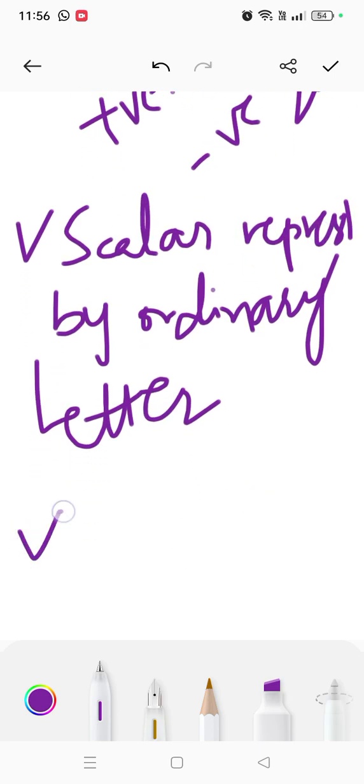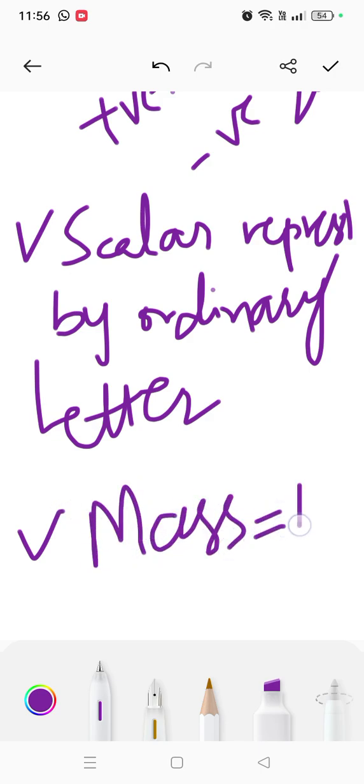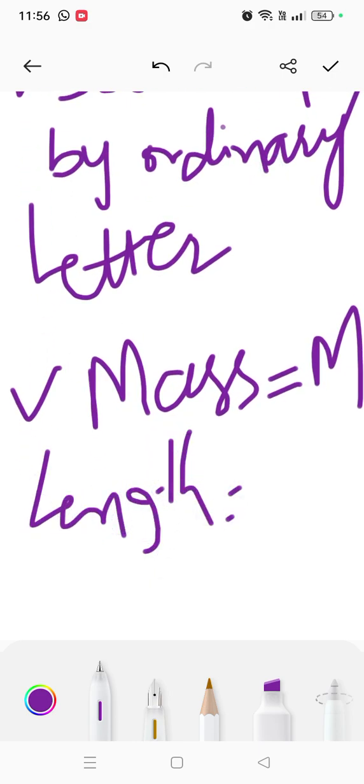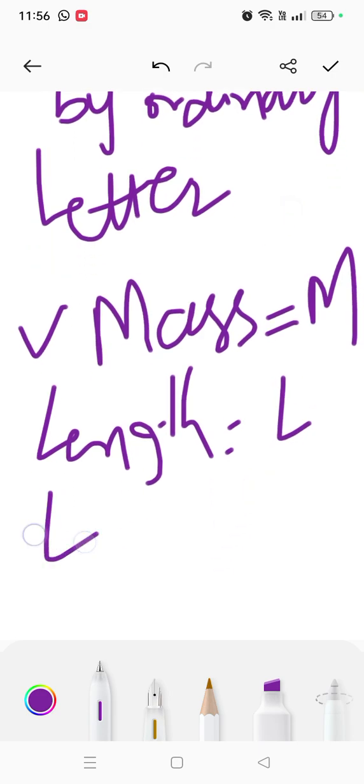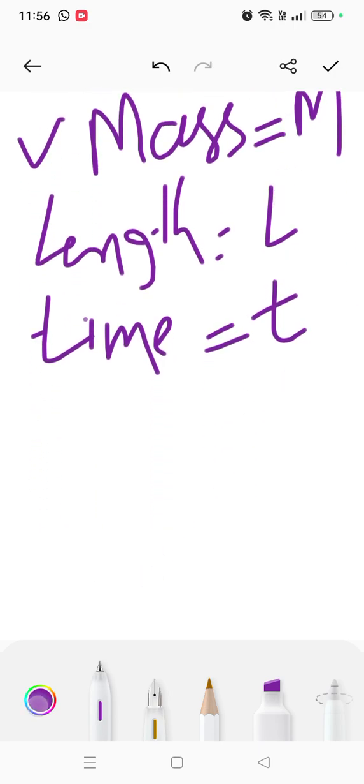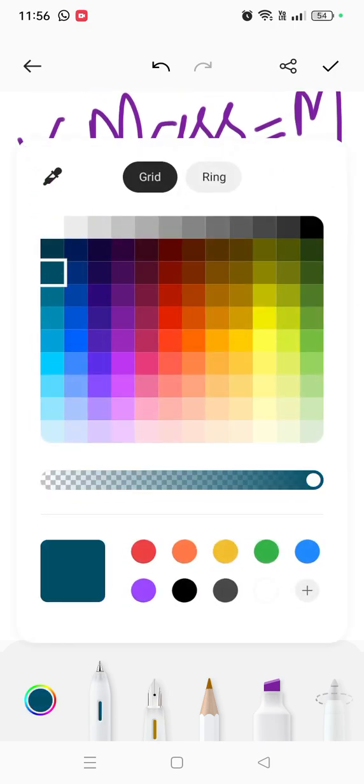For example, if we take mass, which is a scalar, mass can be written as m. For suppose we take length, we can write this by ordinary letter L. We can take time, which is equal to t.